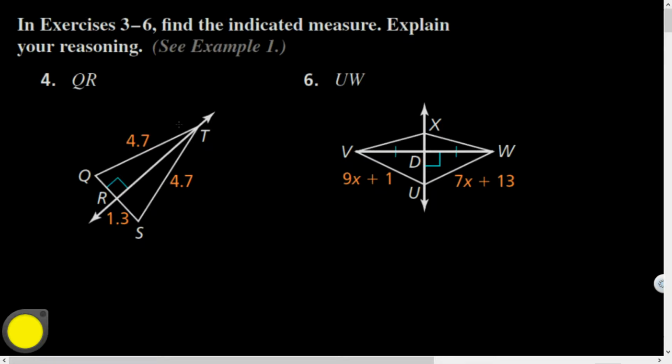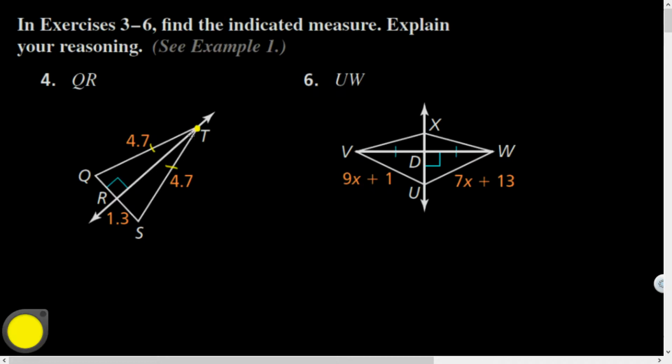Explain your reasoning. So here we've got point T on a perpendicular segment to the segment QS. It is equidistant from the endpoints of QS, and because it is equidistant from the endpoints of that segment, even if I didn't know perpendicularity here, I would know by the converse of the perpendicular bisector theorem that this line is a perpendicular bisector.